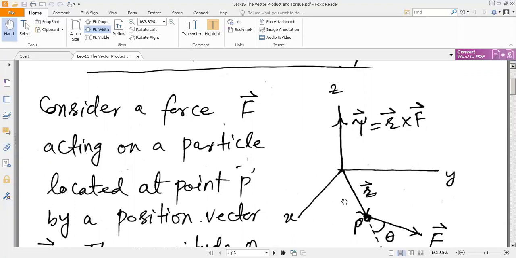Let a particle P be positioned at this point, and the position of this point is located with reference to origin O by this position vector R.